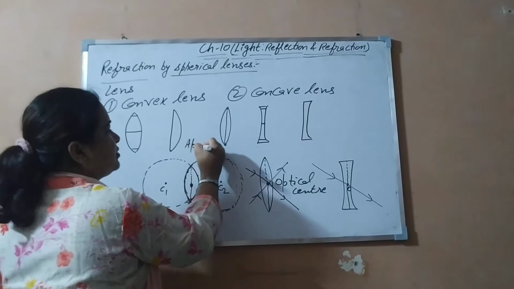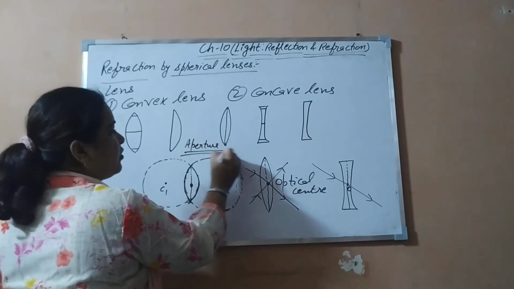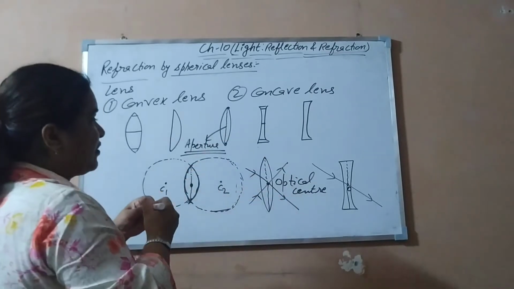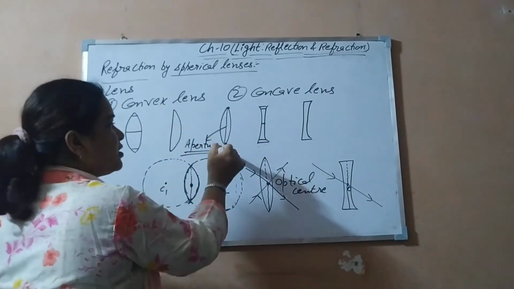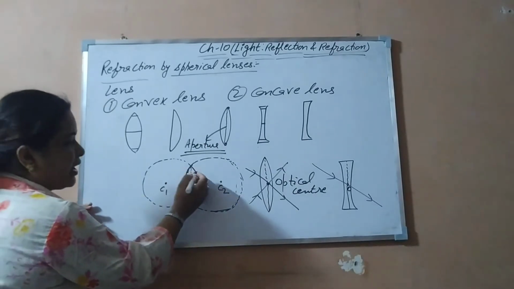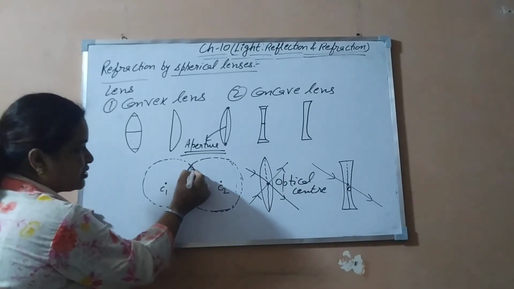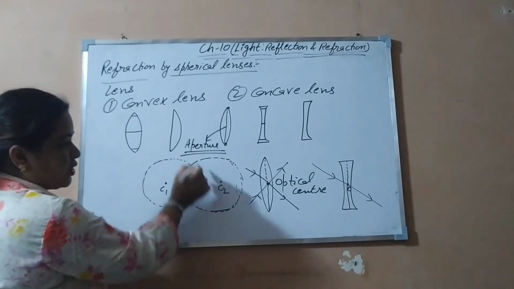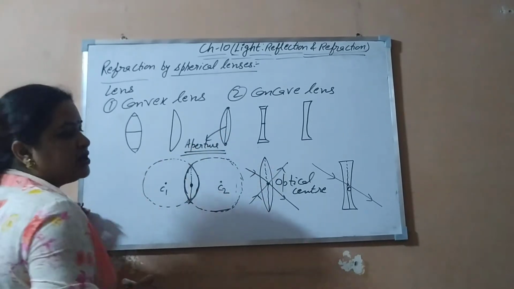From here to here, the effective diameter of the circular outline of a lens is known as its aperture. Because as you can see, we have cut this portion from a circle only, so this circle outline forms its aperture.